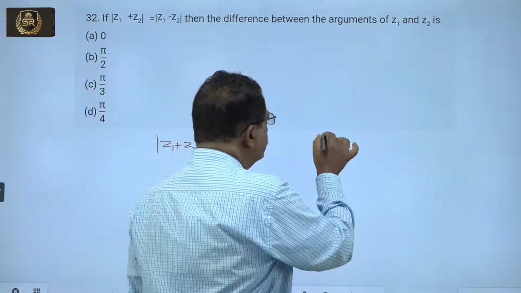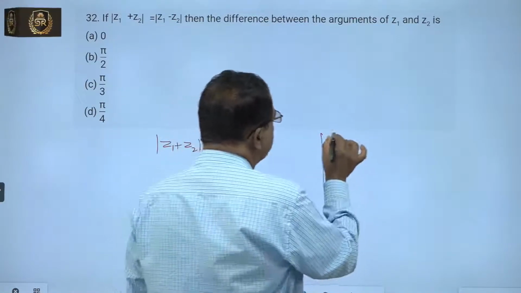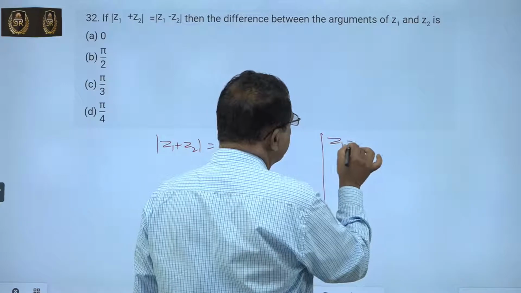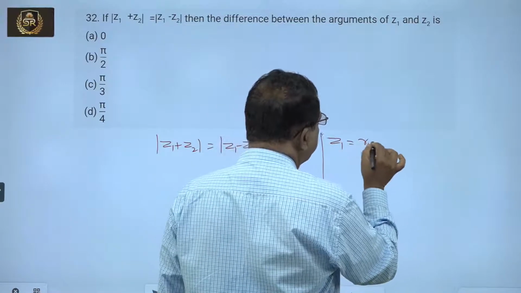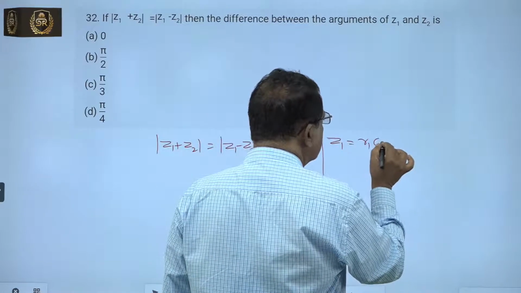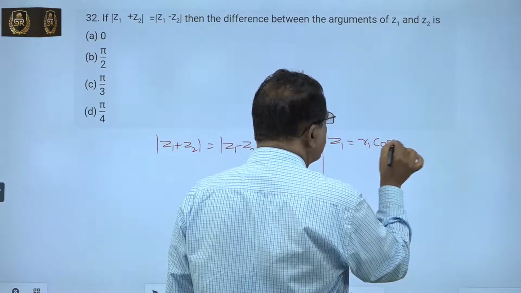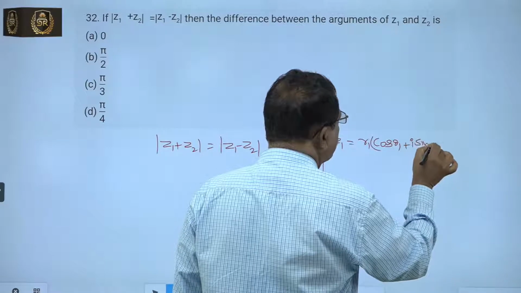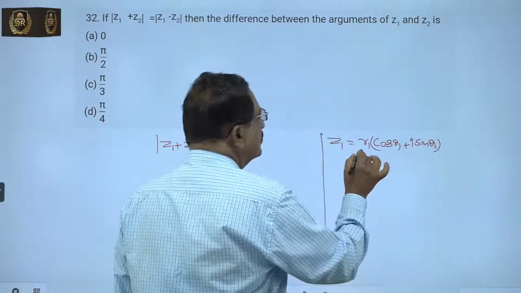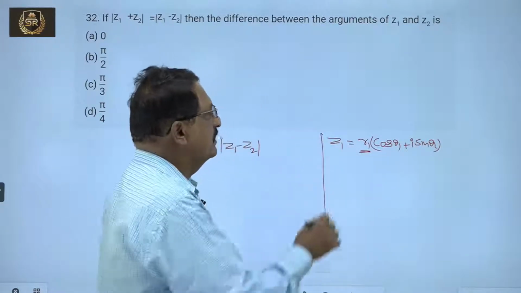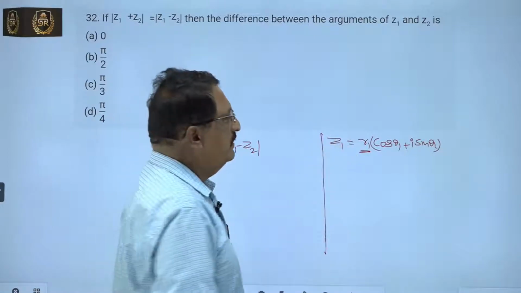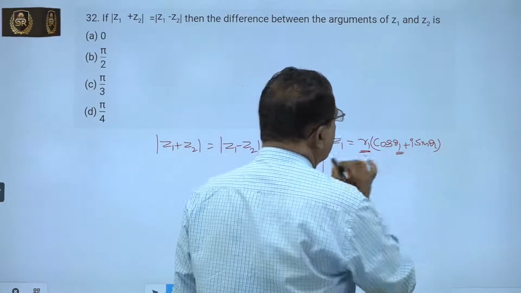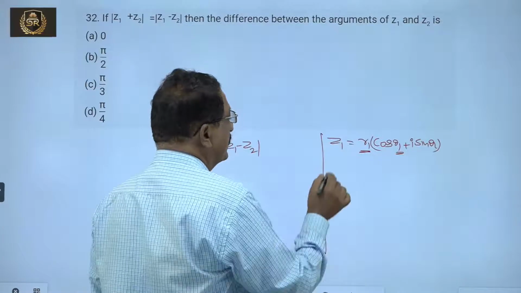Now, first here consider z1 equals r1 of cos theta 1 plus i sin theta 1, polar form. Means here r1 is nothing but modulus of z1, theta 1 is argument of z1.